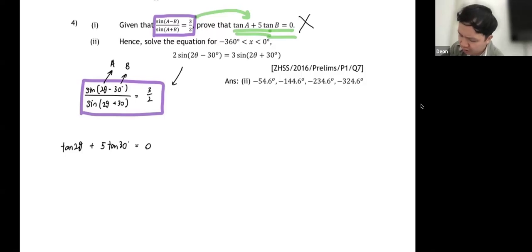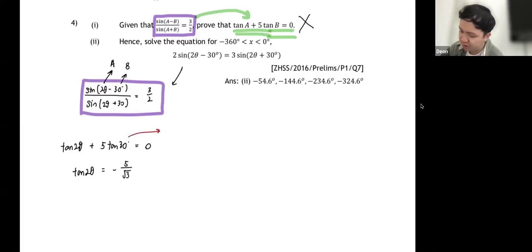Okay, so tangent 2 theta equals negative 5 over root 3. Why?